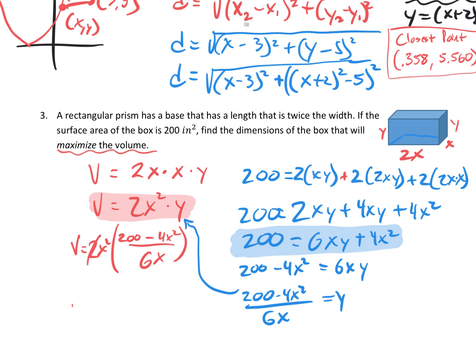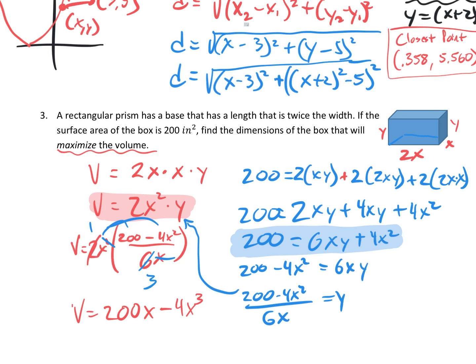The less you type, the less chance there's mistakes. So 2 goes in there once, 2 goes into there 3 times. This x cancels with one of those x's. We still have an x left, so that x needs to be distributed there. So V equals 200x. Notice the whole denominator canceled there, 4x cubed.